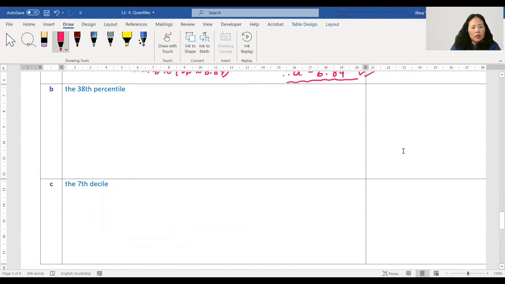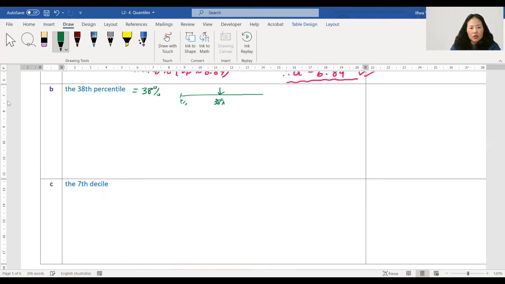Okay, so next one is the 38th percentile, so be careful with that. Percentile is like in 100, so we're going to go with 38%. Everything is like 1% all the way to 38%. That's where we are.